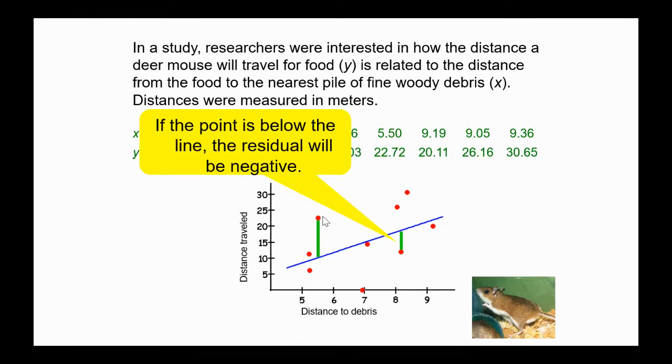Not right now, we're not. So we're just talking about the distance from each point to the line itself. We're about to find the residuals, but right now we're just talking in general.